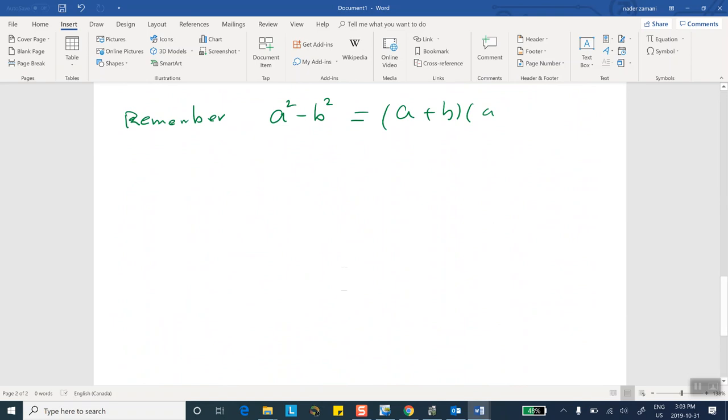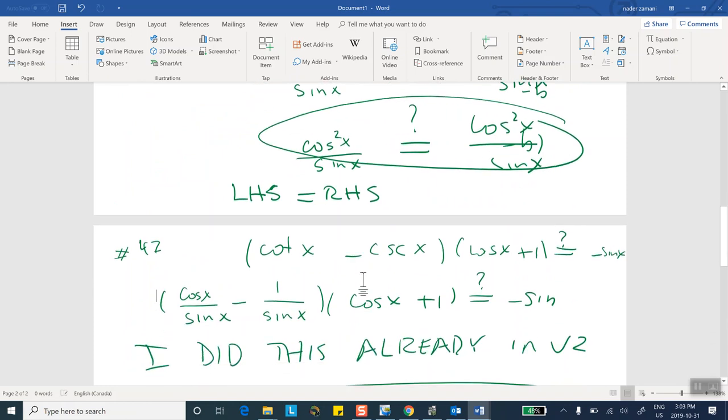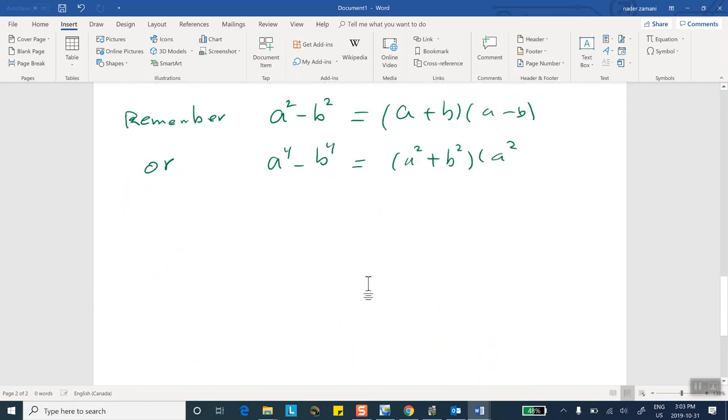Or a to the 4 minus b to the 4 equals a squared plus b squared times a squared minus b squared.